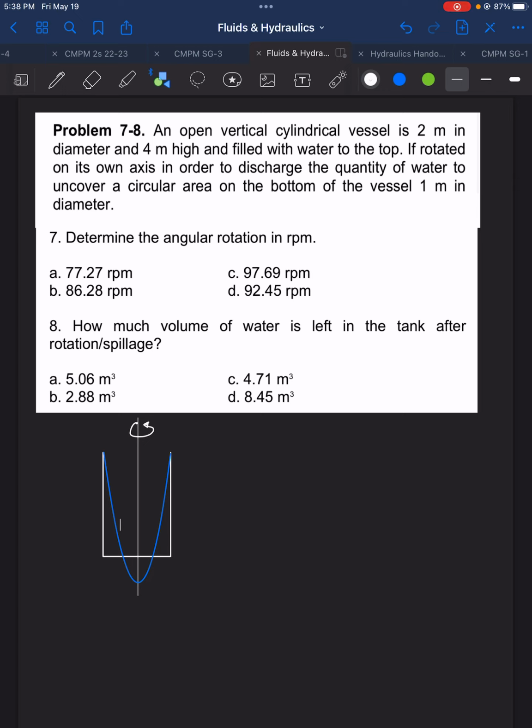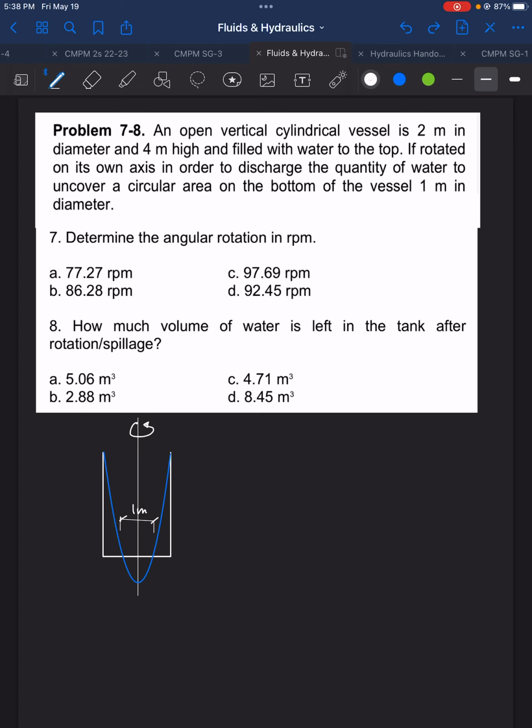So there's an open portion, and that is 1 meter. So here is the open portion, okay, and that is 1 meter.